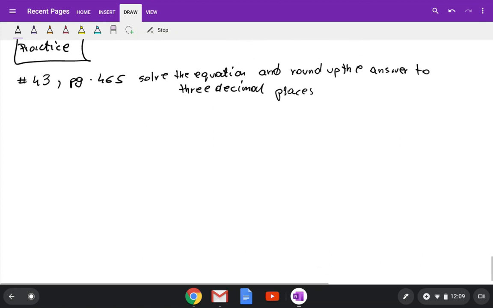So 2 to the power of x, it's equal 10. What we need to do is change that to a logarithmic equation.